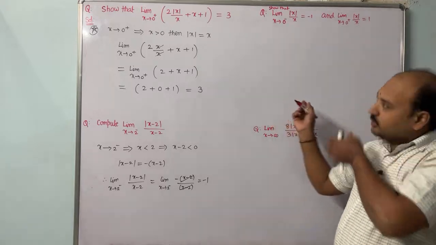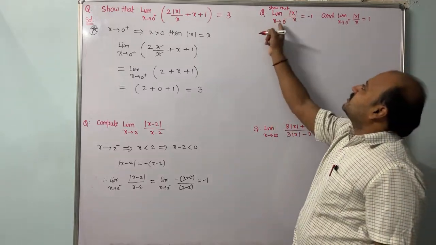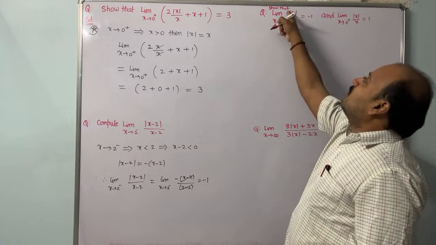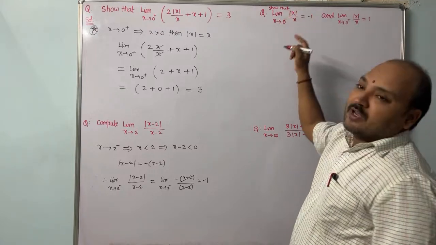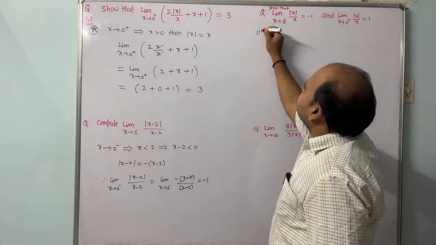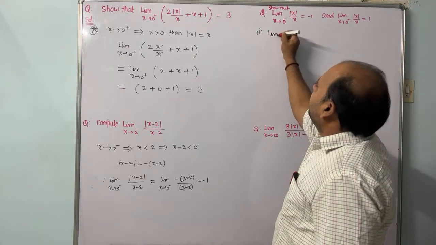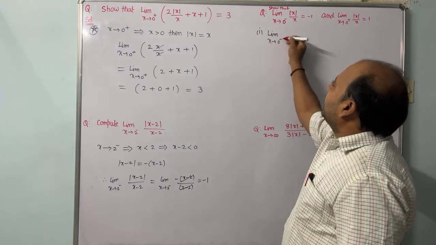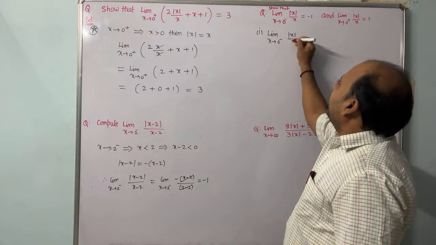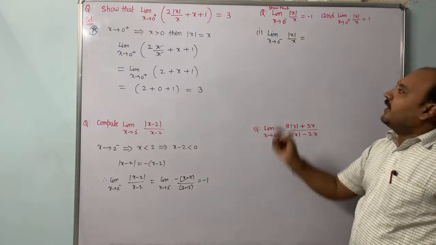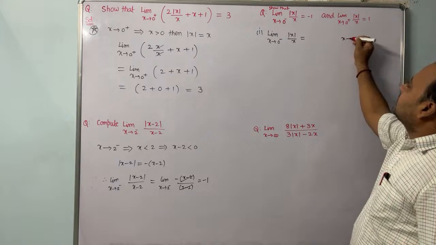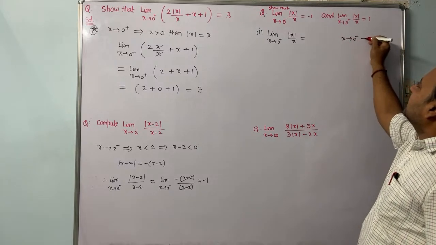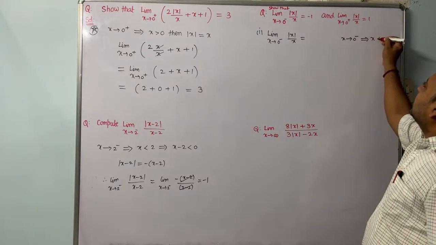Next, another question. Limit x tends to 0 minus of mod x by x equals minus 1. In this case, x is tending to 0 minus, which implies x is less than 0.